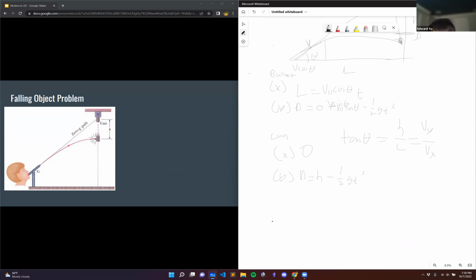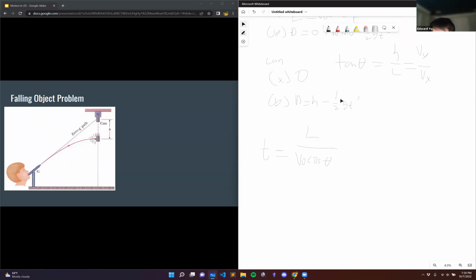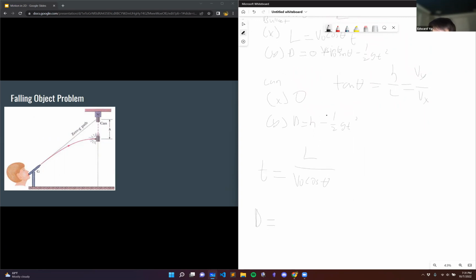So we can write t is equal to L over V cosine theta. Now if you plug it into d, d is equal to V sine theta over V cosine theta times L, minus 1/2 g times L squared over V squared cosine squared theta.